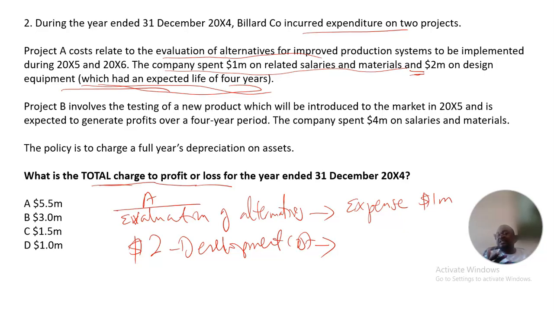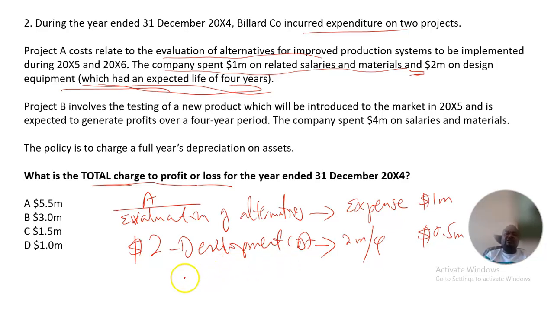But it has got an expected life of 4 years. So which means we need to depreciate it, that is to allocate its capital expenditure on a systematic basis. So in this case, the related expenditure should be the depreciation cost of 2 million over 4 years. So which means we need to recognize 0.5 million as a cost.